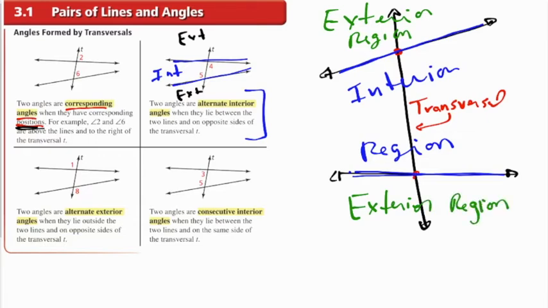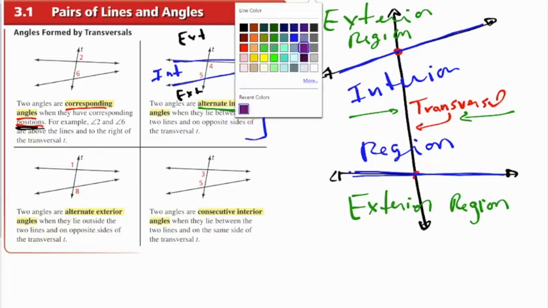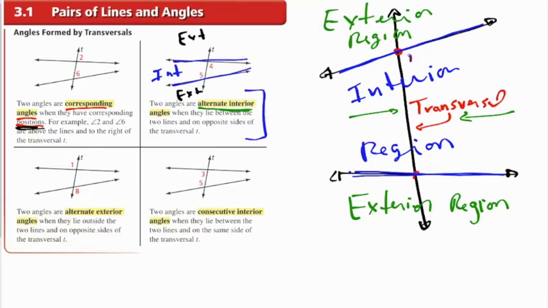So when we talk about alternate interior angles, that means they must switch which side of the transversal they're on, they're alternating sides, and they must alternate which non-transversal they're next to. So I can put an angle 1 up here and an angle 2 down here and say those two are alternate interior.